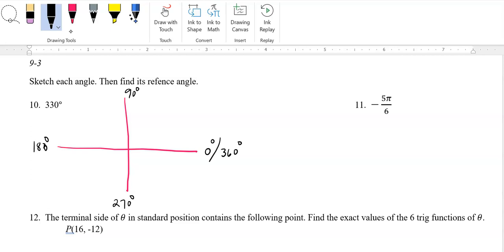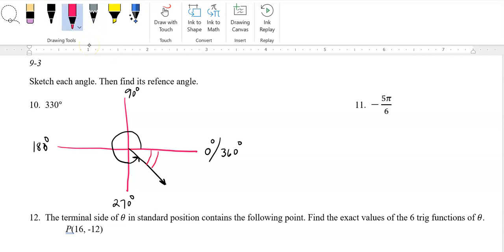So to do 330 degrees, that's all the way to 270, and then we need another 60. Okay, so there's 330, and the reference angle is this angle right here.